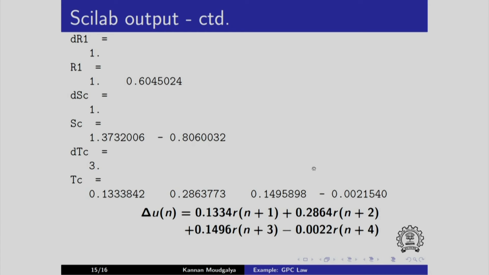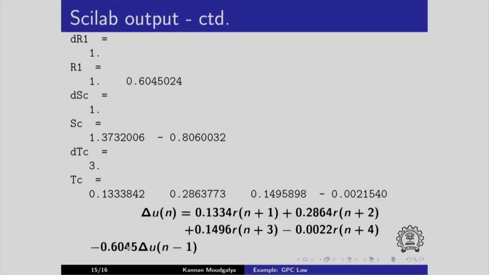Remember, in our 2DOF, TC multiplies the reference signal R, and then minus 0.6045 into delta U n minus 1, it comes here. Notice that delta U term is here, here also it is present.